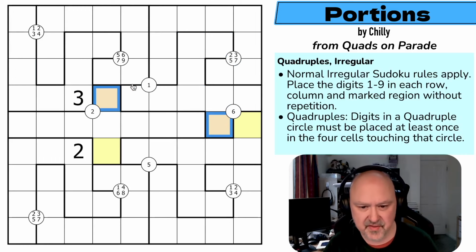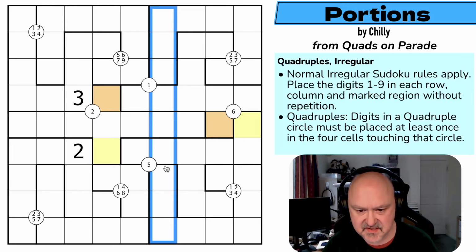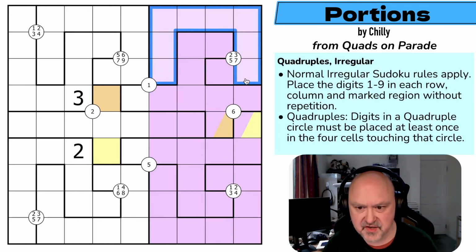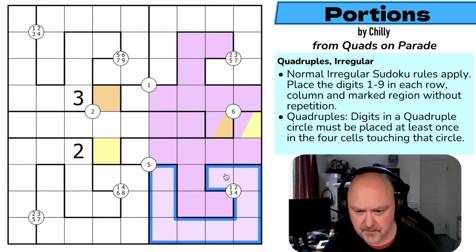Now, there's a couple of other places we can use the law of leftovers, and I'm trying to remember what they are. We do know, for example, if we look at these 4 columns, and I mark those in purple, I've got a complete region here. I've got a complete region here.